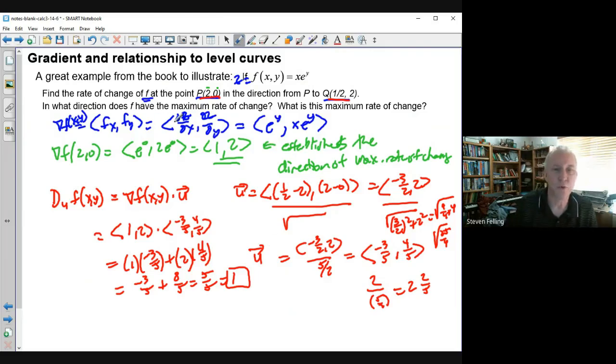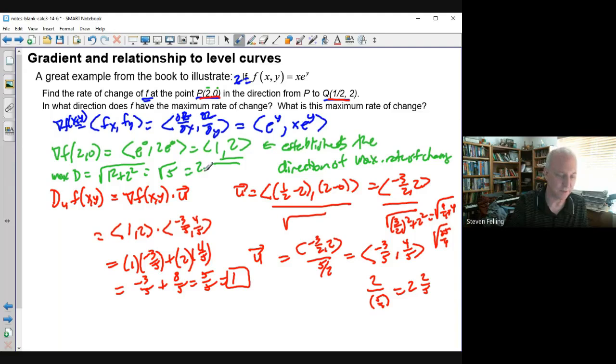And then what would the maximum rate of change be? Let me go back to green and show that. So the max rate of change, max derivative, would be just the magnitude of the gradient itself, which is going to be the square root of 5, a little over 2.23.